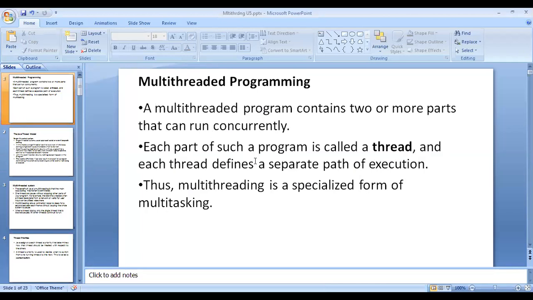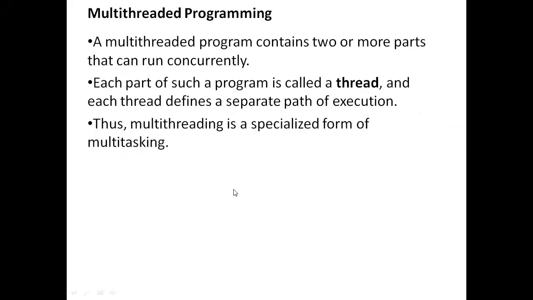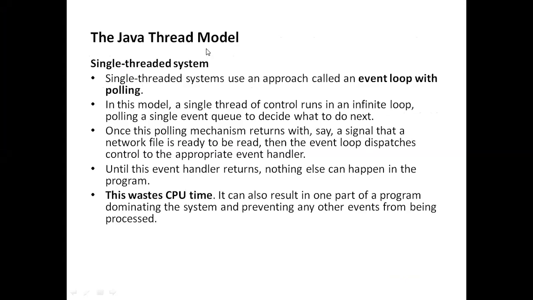Now, the next concept is Java thread model. In order to understand the multi-threaded environment, we have to see this multi-threaded in contrast with the single-threaded system. So, what is single-threaded?